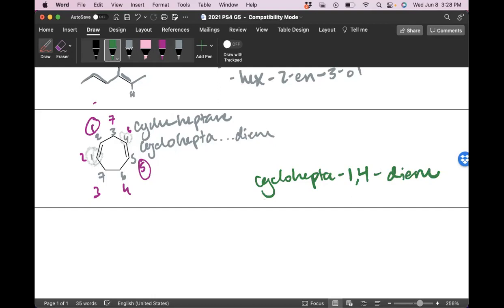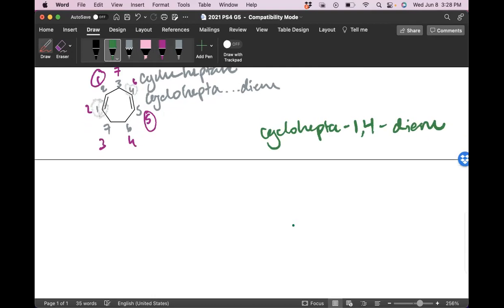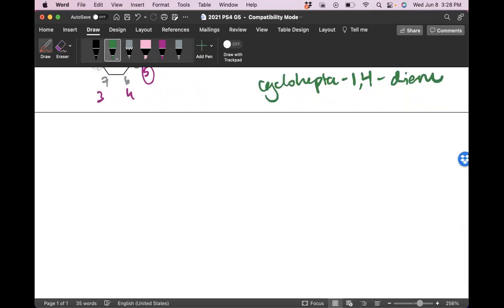All right. Now, let me move on to this. Some of you summer session folk might have a compound like this: 1, 2, 3, 4, 5, 6, 7, 8, 9, 10, 11, where your only branch is an alkene group.